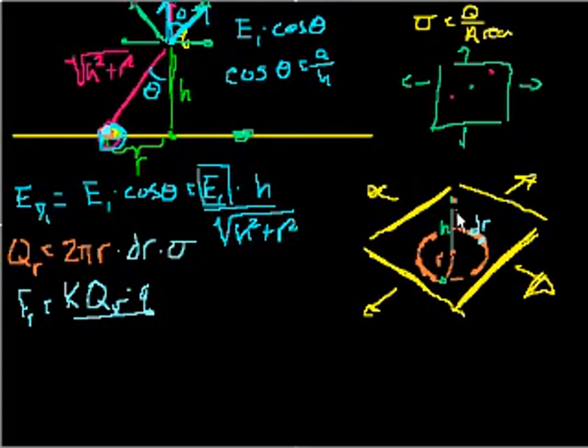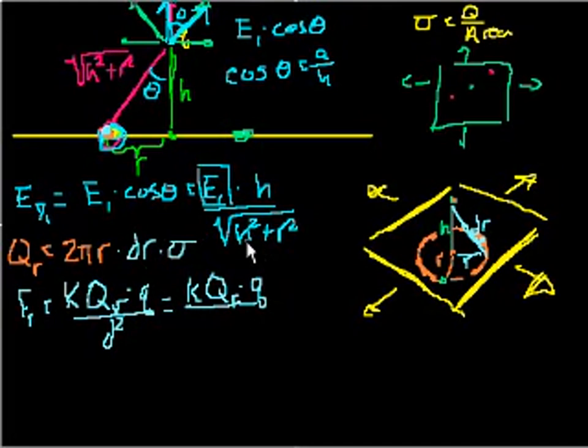So the distance at any point, this distance right here, is once again by Pythagorean theorem, because this is also r, the square root of h squared plus r squared. So the force is equal to k times the charge in the ring times our test charge divided by distance squared.